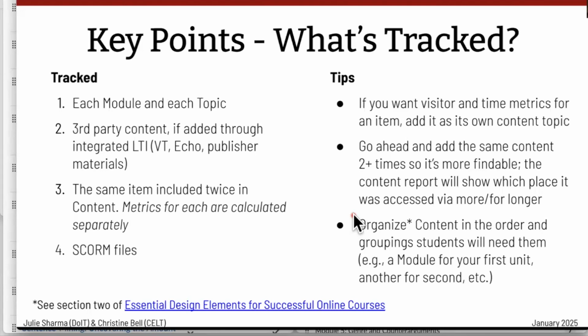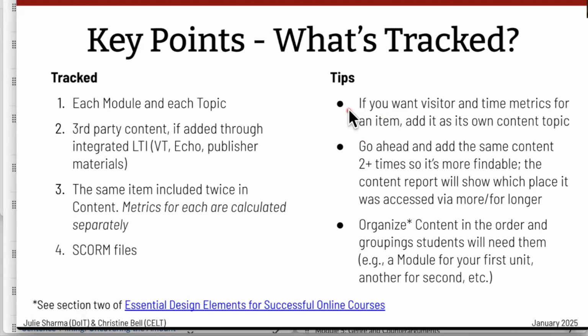If you have third party content like VoiceThreads or Echoes, if it's integrated through the LTI, then it should be counting that information. And like I said, for number 3 here, the same item added twice is going to have separate metrics. And if you're working with SCORM files, those have a separate section in this tool that can be tracked as well.